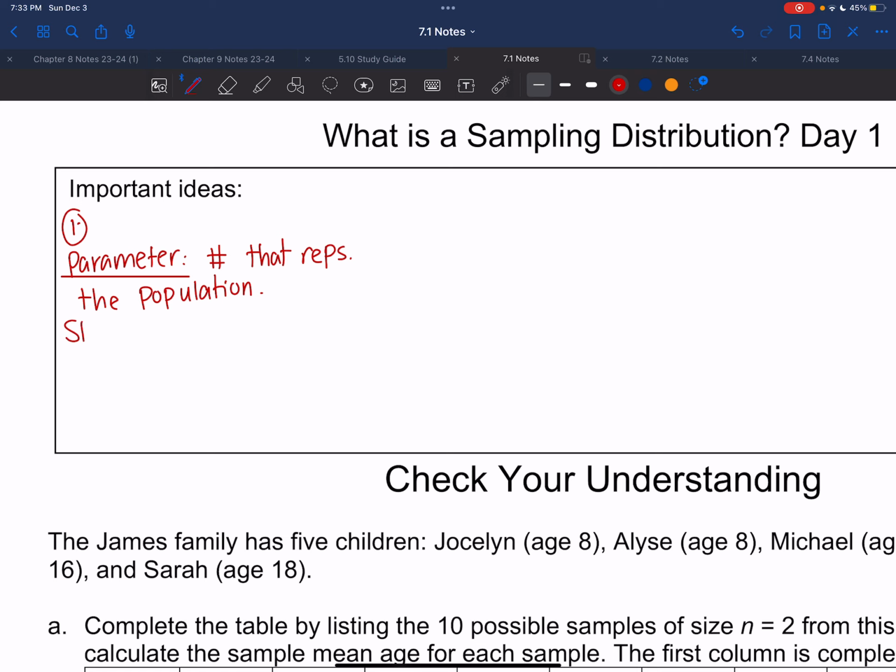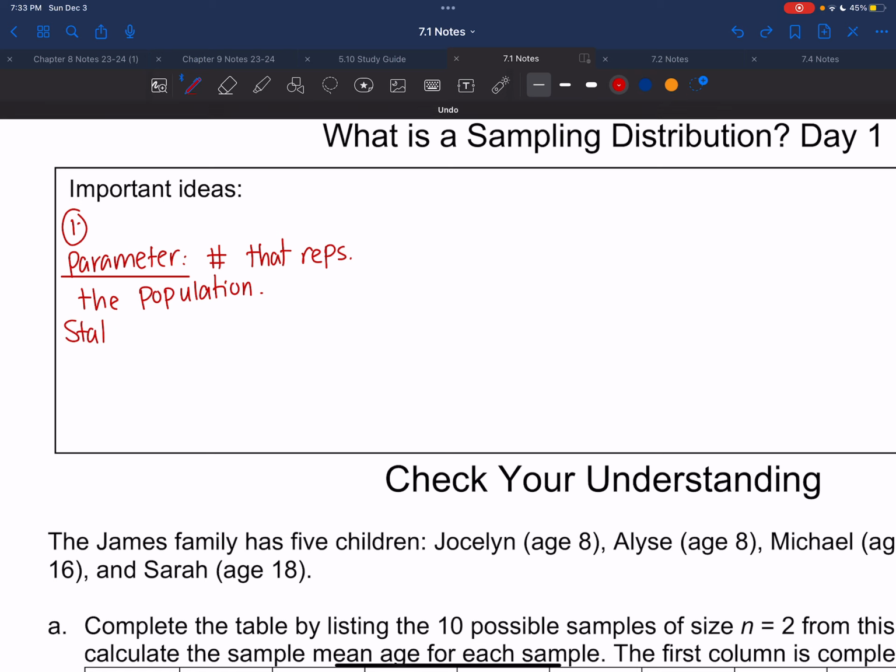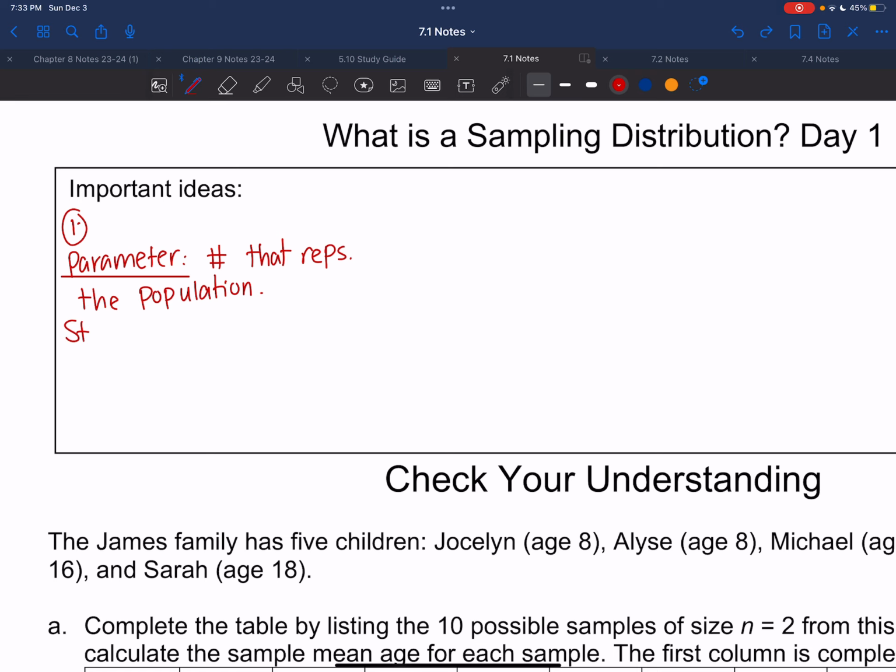And a statistic is a number that represents the sample.